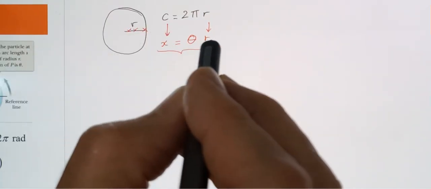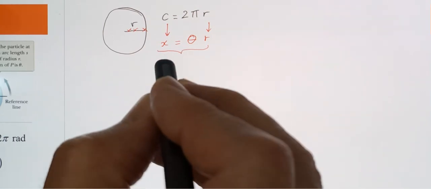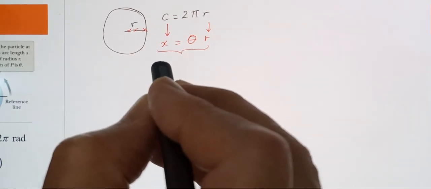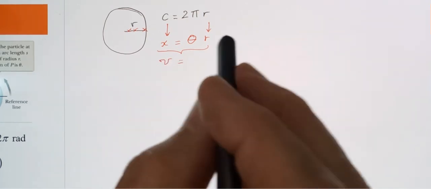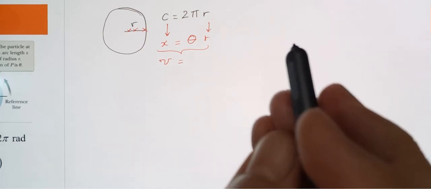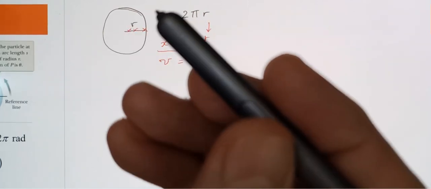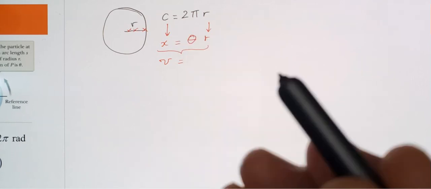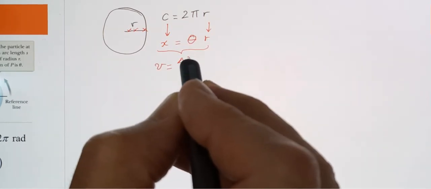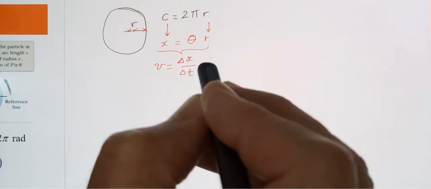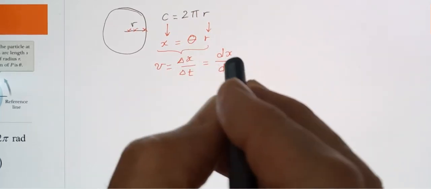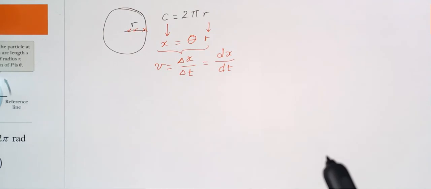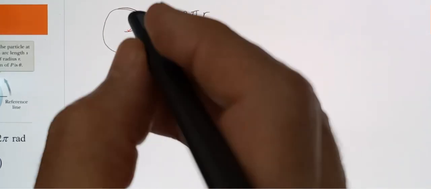So let's extrapolate this. That means v, which is the derivative of x with respect to time. Let me just put it in 2 steps. So v is delta x over delta t, or the derivative of x with respect to t. Let's apply the same concept on theta, which is the traveled angle or the covered angle.